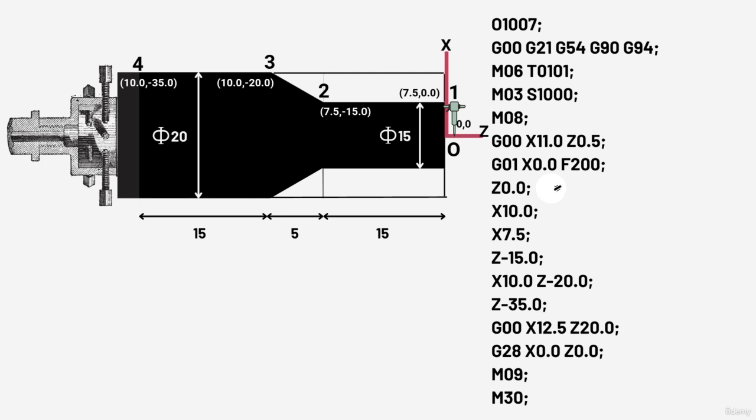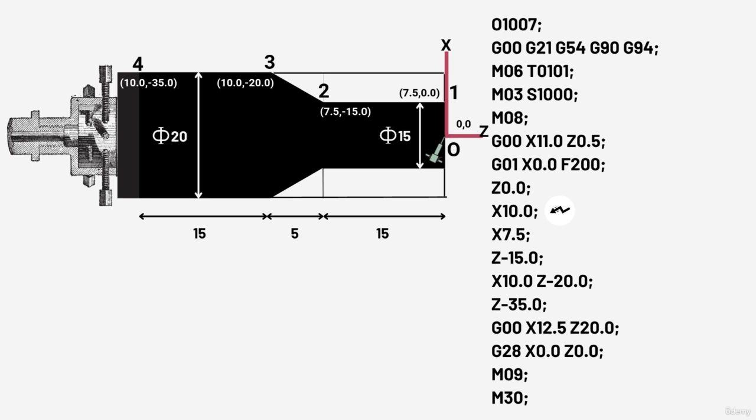Now the tool has come to 0.0 datum position corresponding to the x-axis, but it's still 0.5 mm away from datum corresponding to the z-axis. So in this line, we are getting the tool exactly at the datum position by providing the command Z0.0.